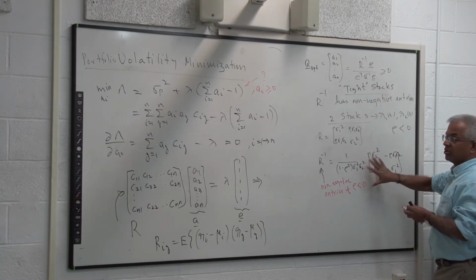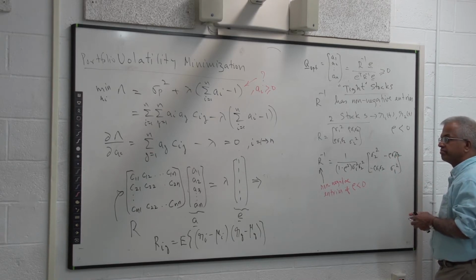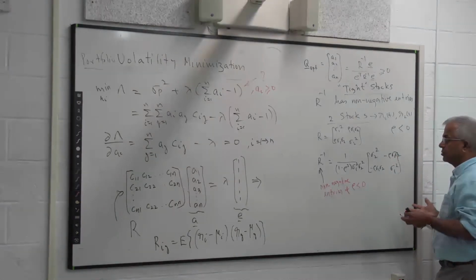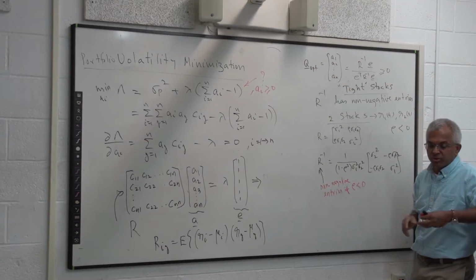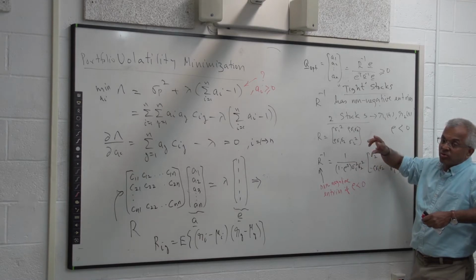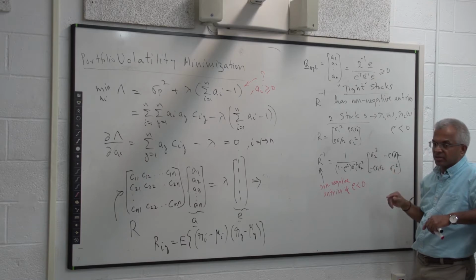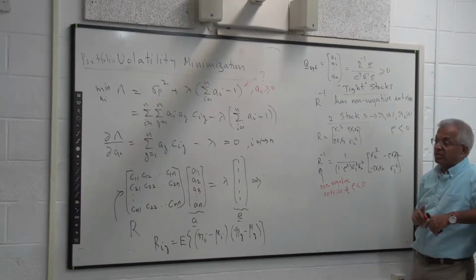It is very easy to find two tight stocks, which also makes sense. If you are going to invest in two stocks, select the two so that their correlations are in the opposite direction, so that both of them do not go up and down at the same time.